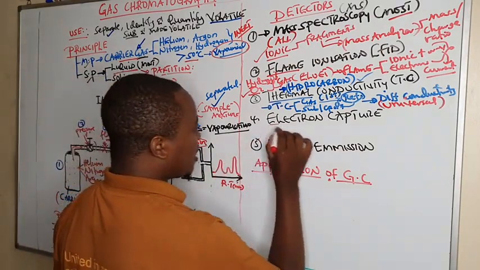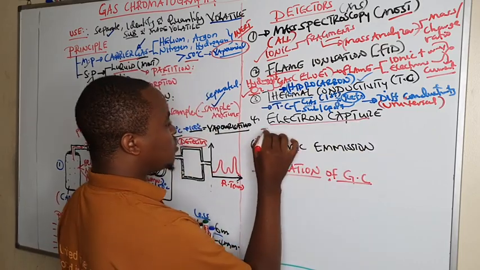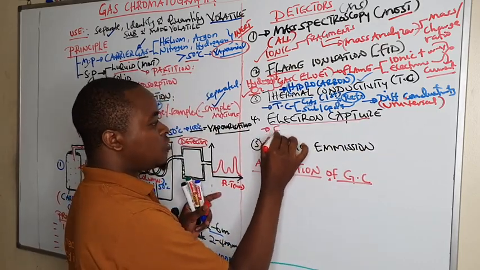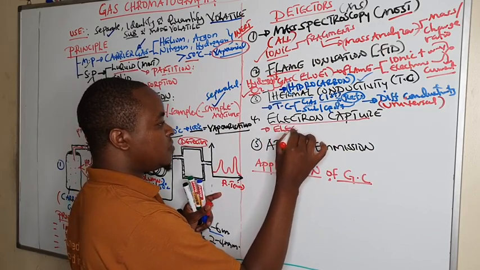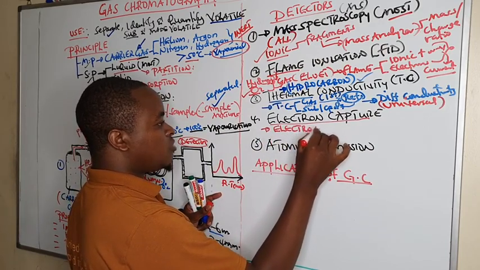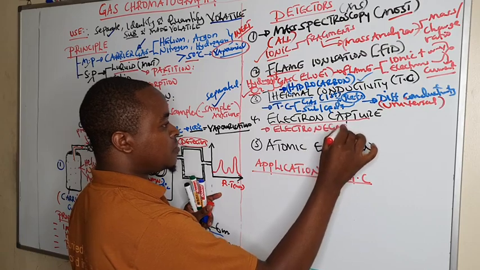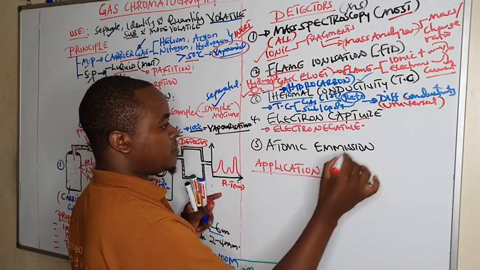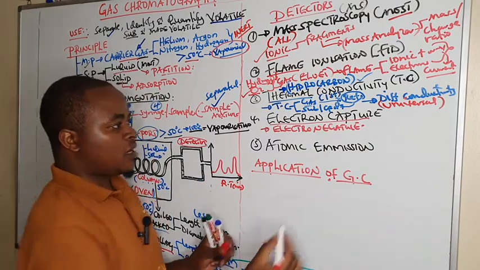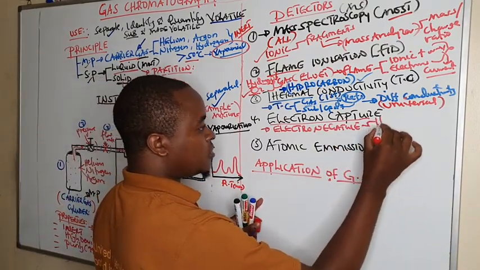Then electron capture. This one is suitable for samples which contain electronegative functional groups, like halogenated compounds.